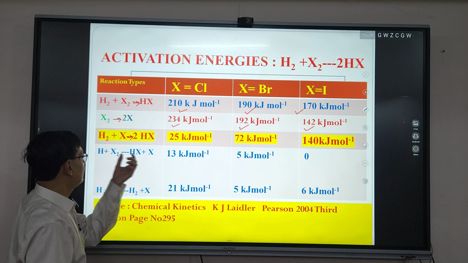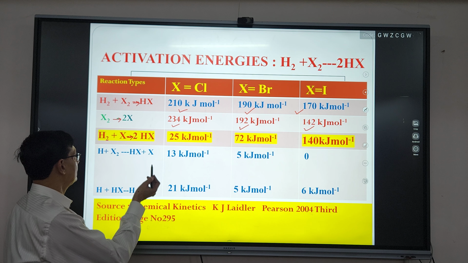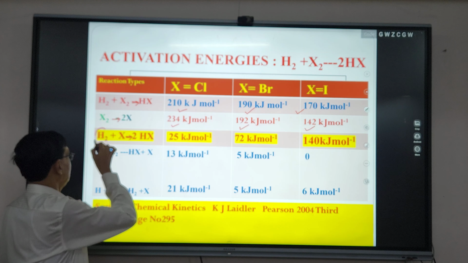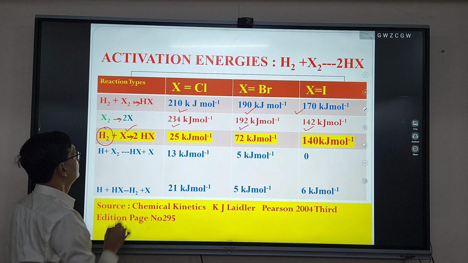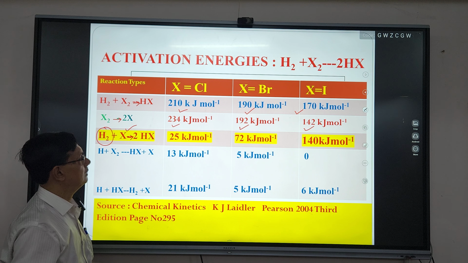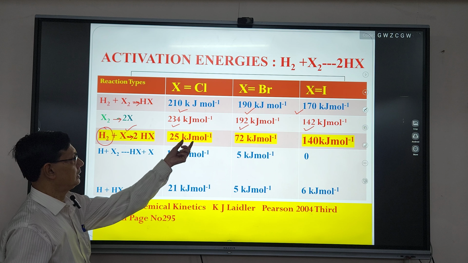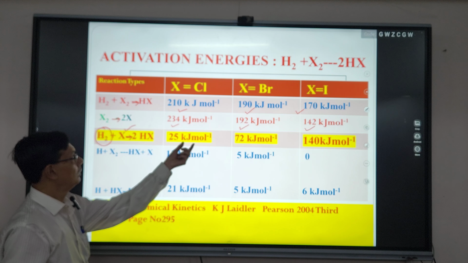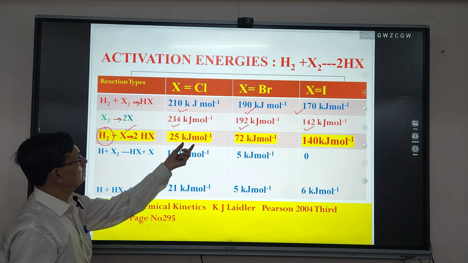But in one of the important steps, the propagation step, when hydrogen reacts with either chlorine, bromine or iodine, the energy of activation is 25 kilojoule per mole, then 72, then 140 kilojoule.